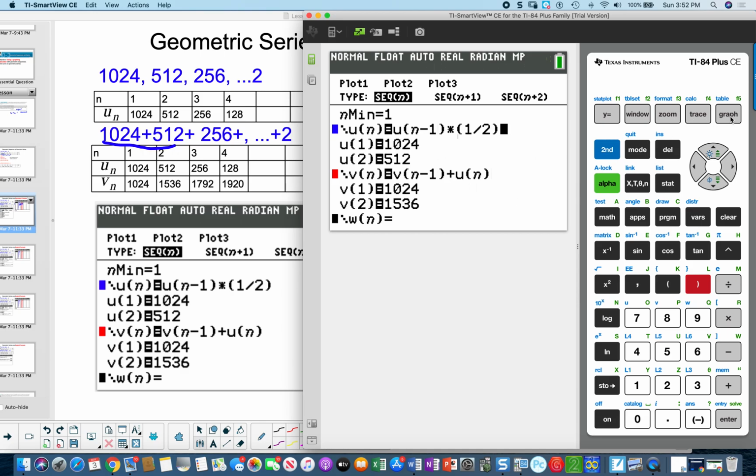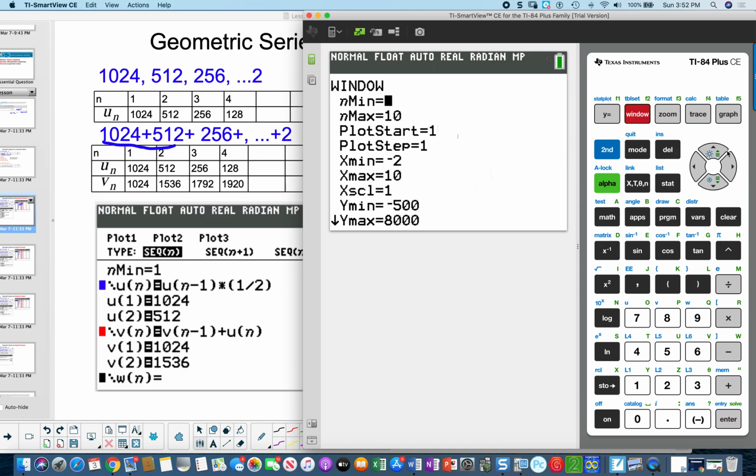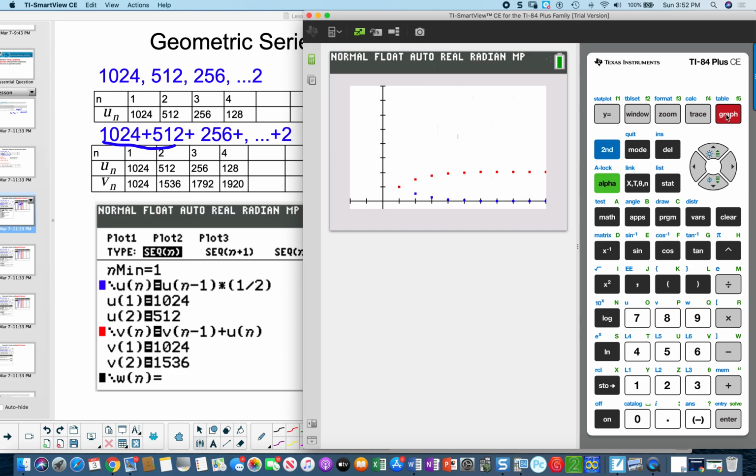So let's go ahead and I'll let you look at the window that I used. The numbers are going to be getting quite big, so I had to be really careful about my y min and my y max. And then we can go ahead and hit graph, and I'll go ahead and do trace. You can see that I'll go ahead and trace the sequence first, but they're going by half each time.